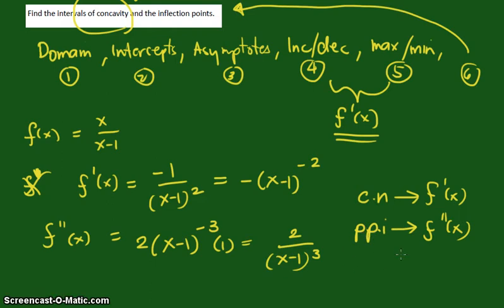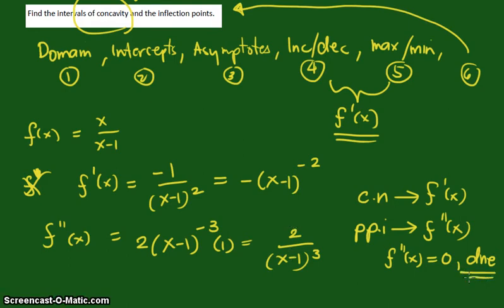The possible point of inflection will happen either when the second derivative is 0 or when the second derivative does not exist. And again, in this fraction, there is no way that this will become 0 because the numerator is already 2, and the only way that this expression will become 0 is when the numerator is 0.